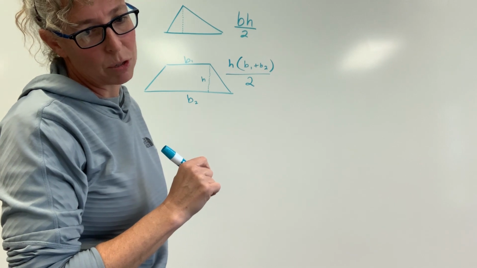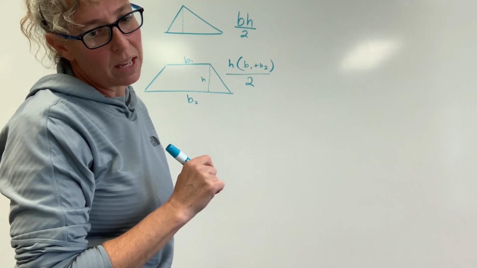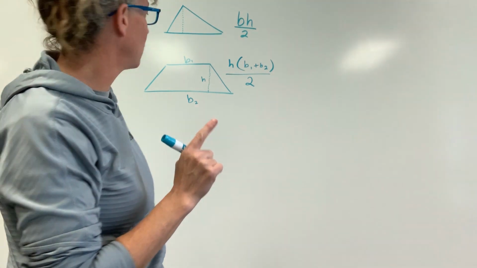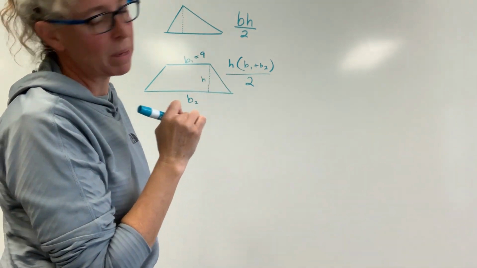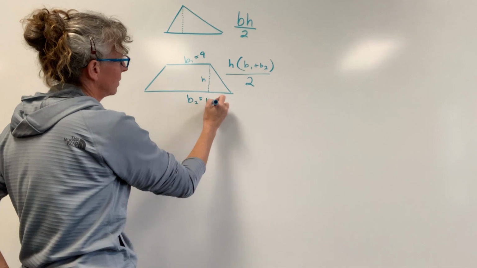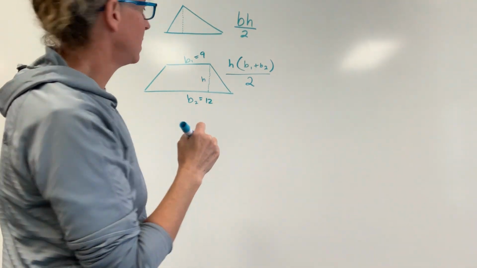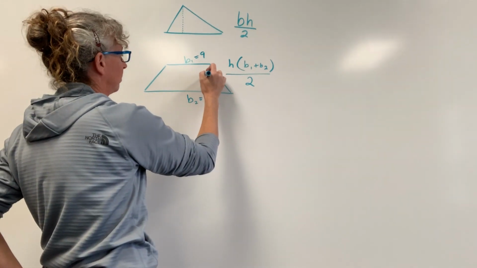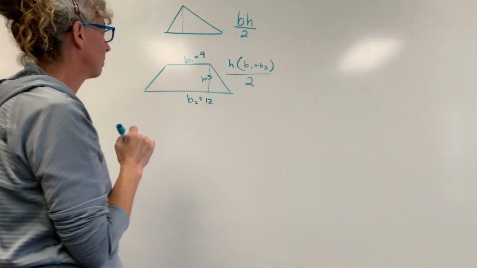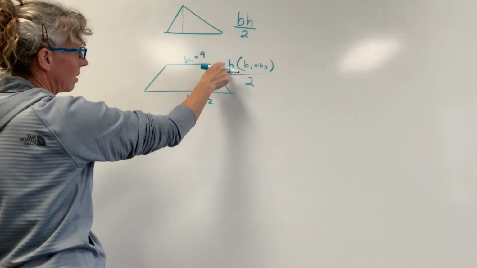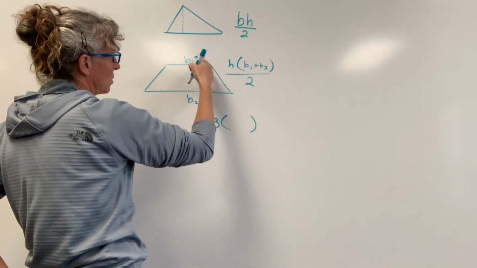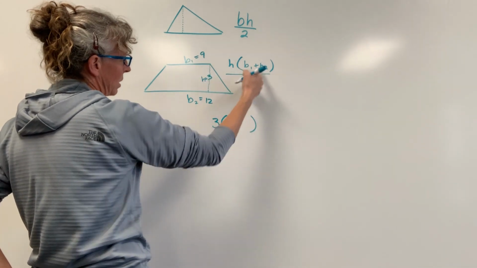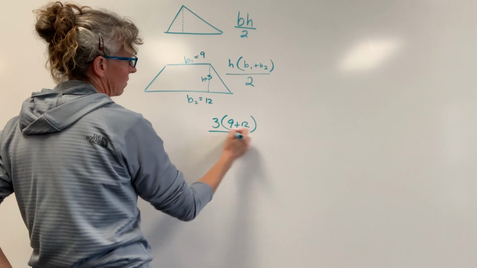So let's look at example number 2. The area of a trapezoid in which base 1 is 9, so they told us this was 9, base 2 is 12, and height is 3. Okay, so let's just plug it into our formula. H is 3, base 1 is 9, base 2 is 12, divided by 2.